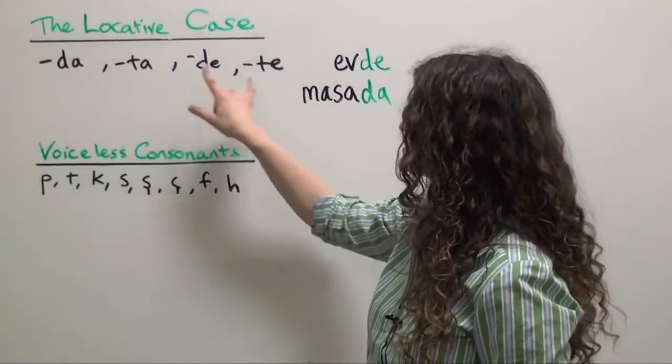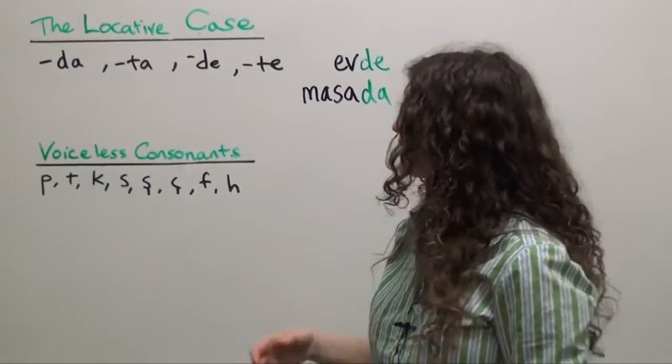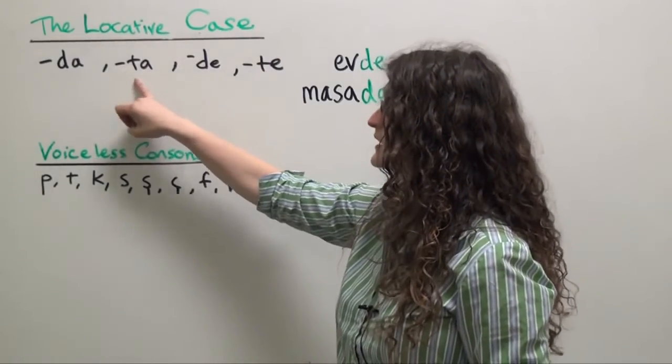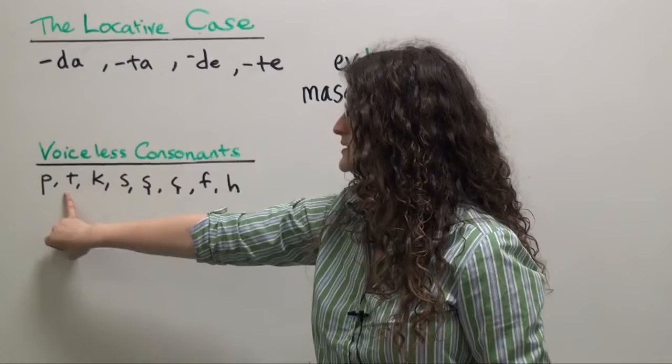These two versions of the locative case ending, ta and te, you'll notice they also begin with one of our voiceless consonants.